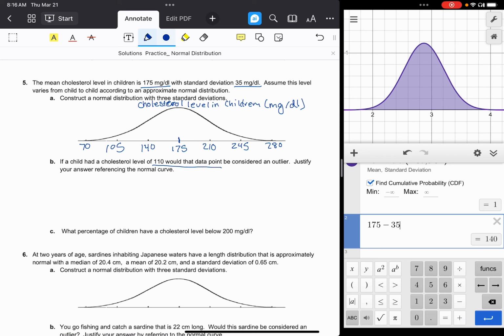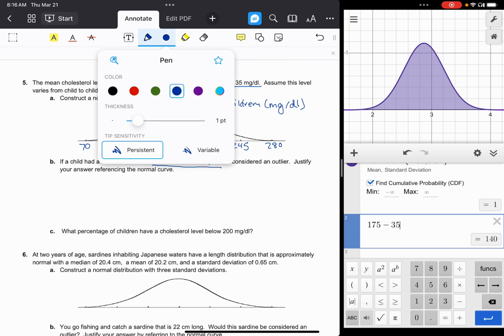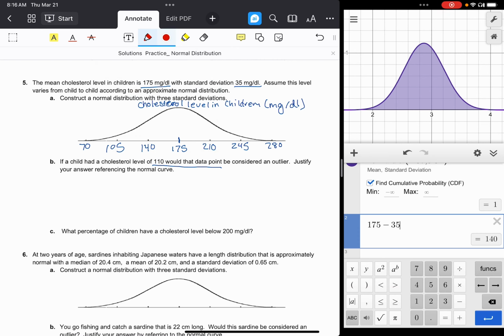All right, so we have our normal distribution curve, and we are asked if a child had a cholesterol level of 110, would that data point be considered an outlier? Well, 110 would fall somewhere in here, probably about here. And so notice that is within our 2 standard deviations. So, here and here and everything in between would be considered normal.